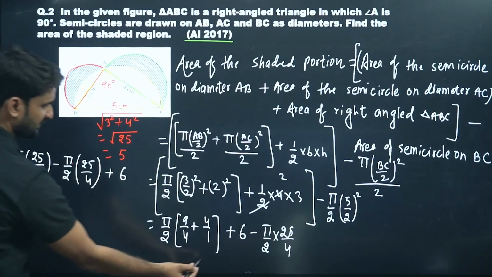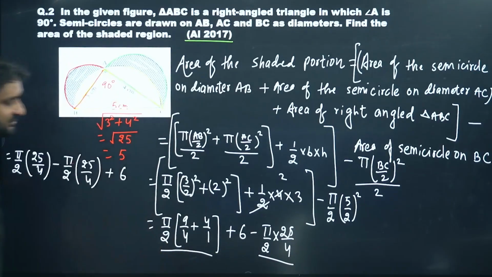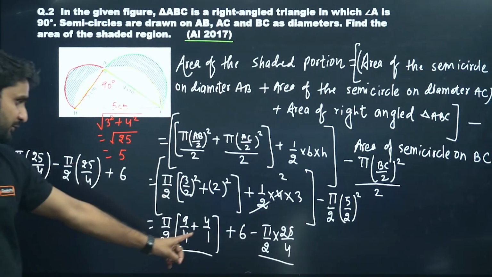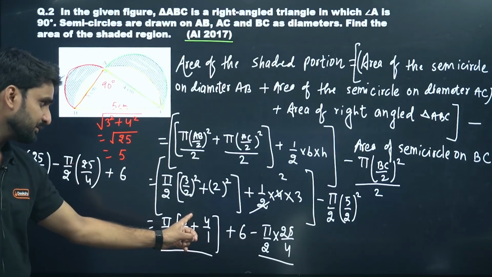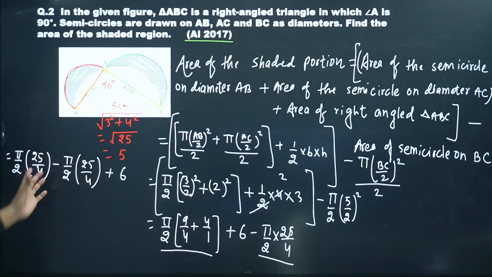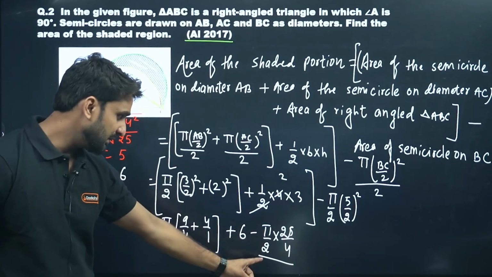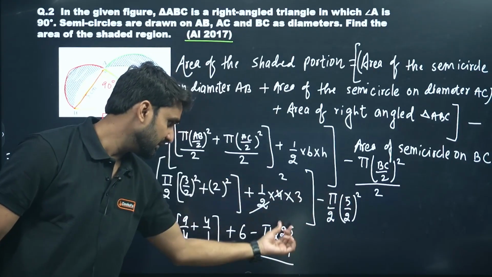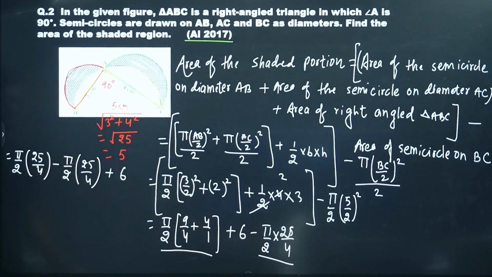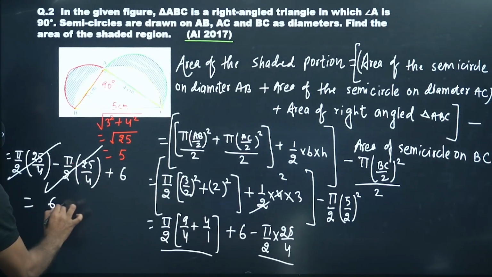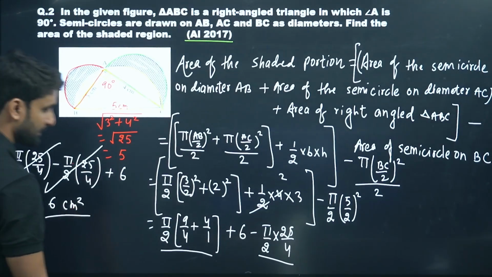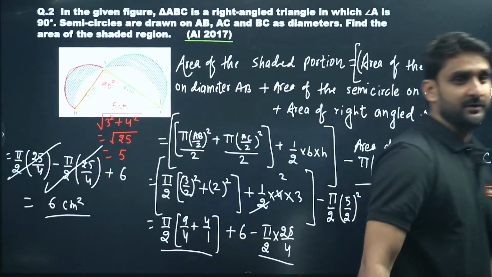I am taking this and this together. So 16 plus 9 will be 25 by 4, and this is already pi by 2, and 5 by 2 whole square will be 25 by 4. So both are similar, pi by 2, so they are cancelling. So 6 centimeter square is the answer.